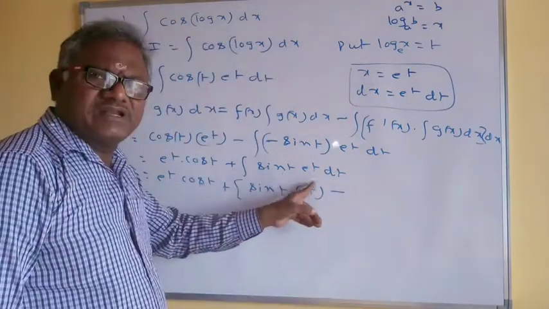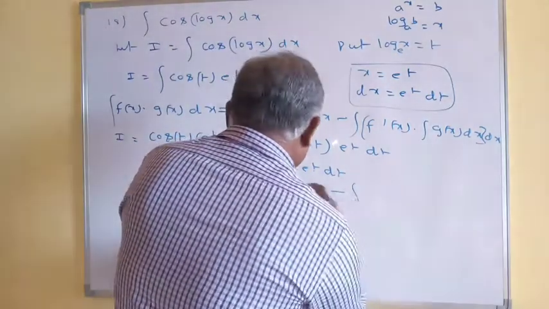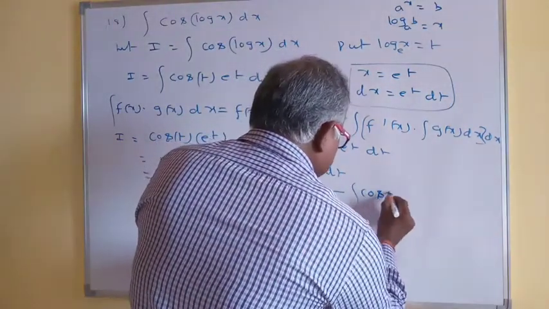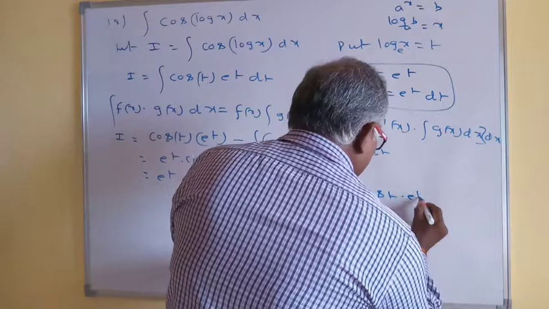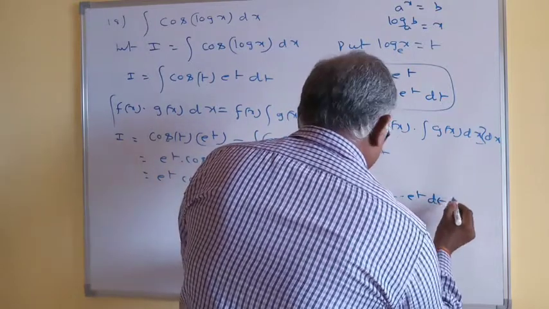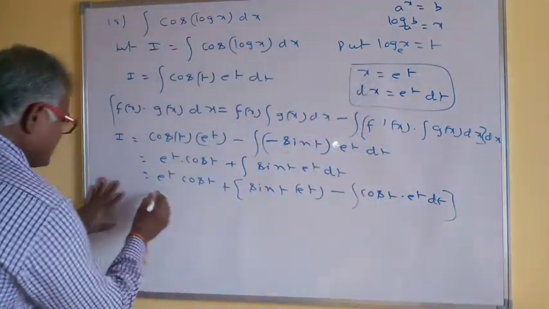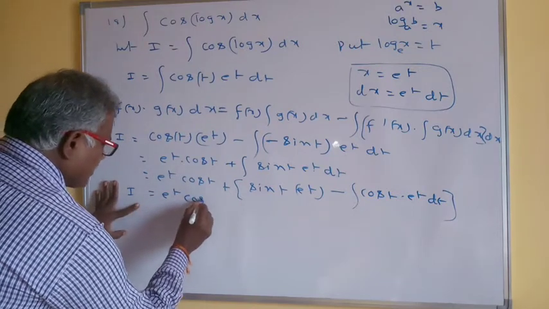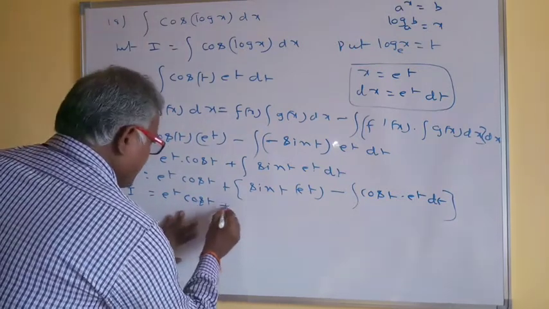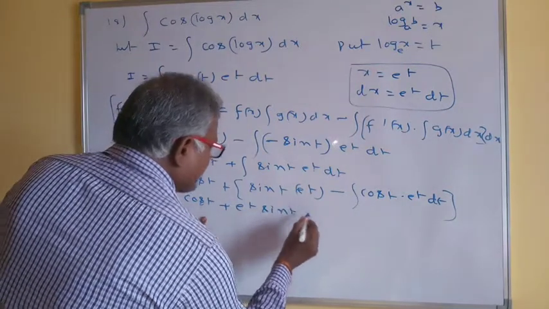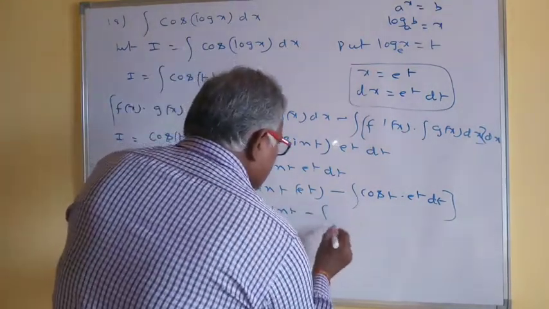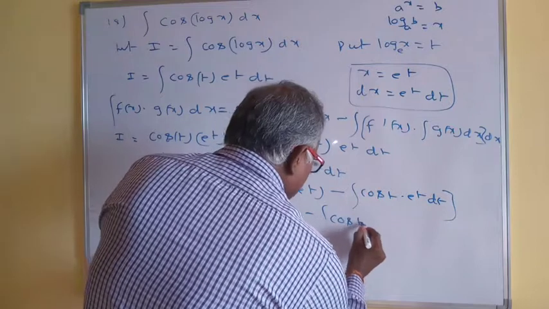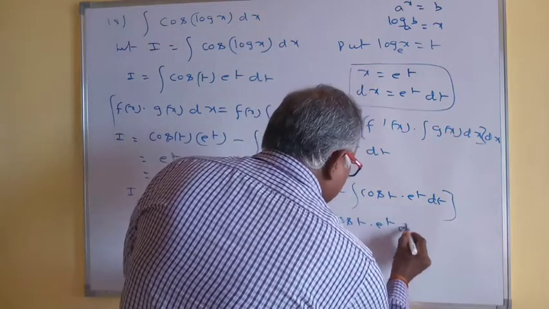First function into integral of second function minus first function derivative cos t into second function integral as t. Okay. So I is equal to e power t cos t plus sin t minus integral cos t e power t dt.